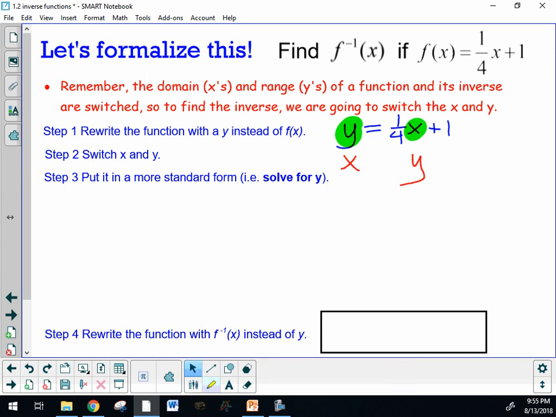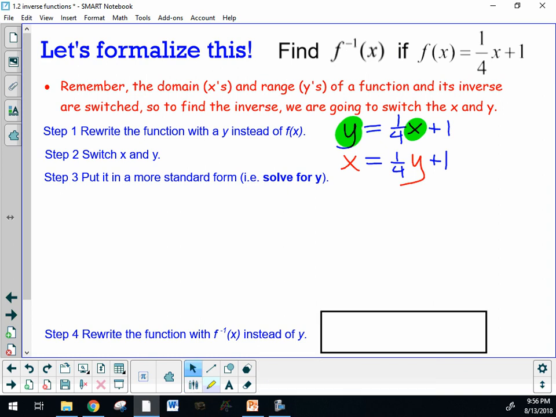Now, everything else in the equation stays the same. The only thing that changes is y's become x's and x's become y's. So we rewrote the function using y. We switched the x and y. And now to get that final inverse form, we just need to get that y by itself. We're going to just solve for y.